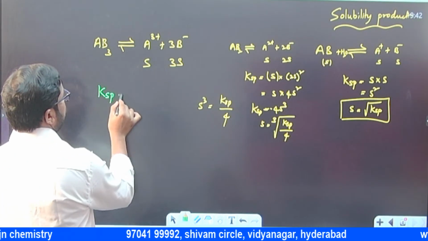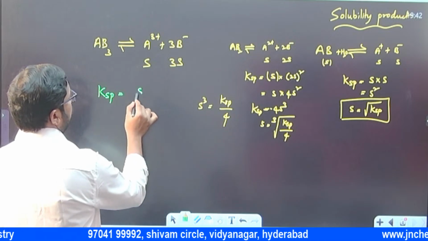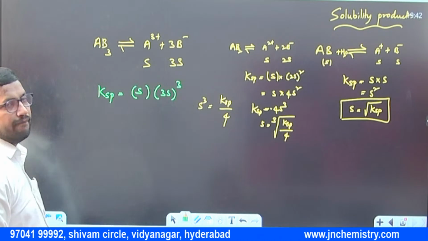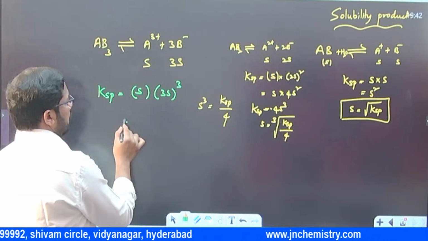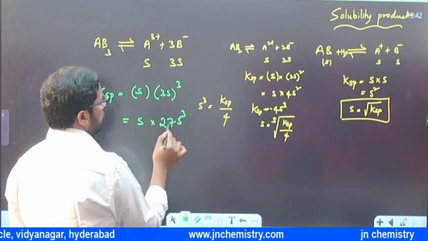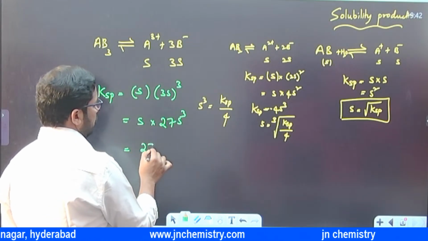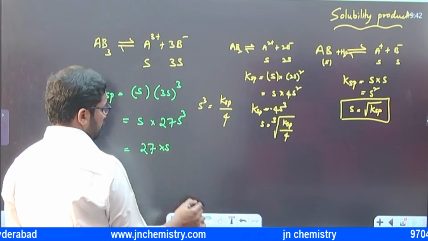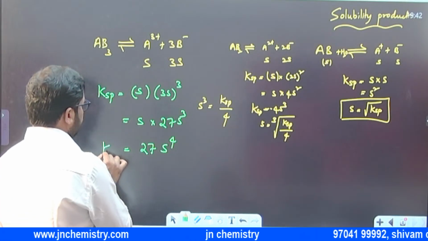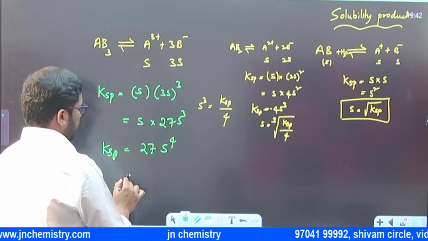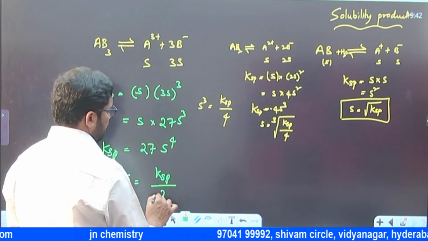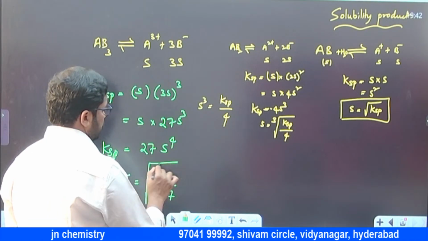Ksp is equal to S into 3S whole cube, that is S into 27S cube, which is 27S power 4. S is equal to the fourth root of Ksp by 27.